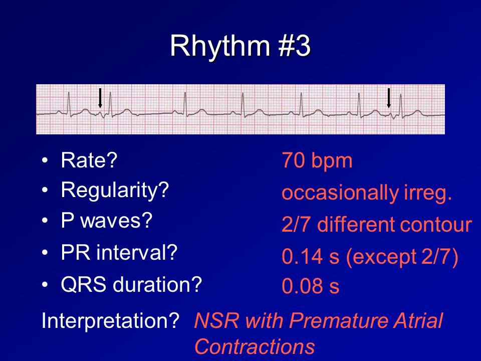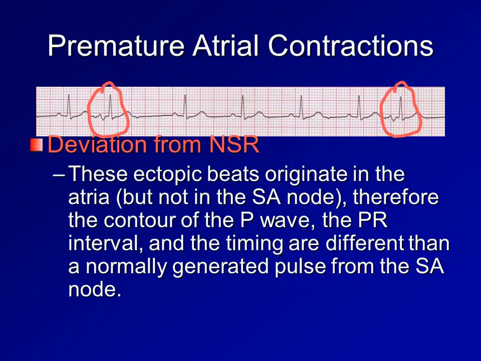Interpretation: NSR with premature atrial contractions. Deviation from NSR: these ectopic beats originate in the atria, but not in the SA node, therefore the contour of the P wave, the PR interval, and the timing are different than a normally generated pulse from the SA node.